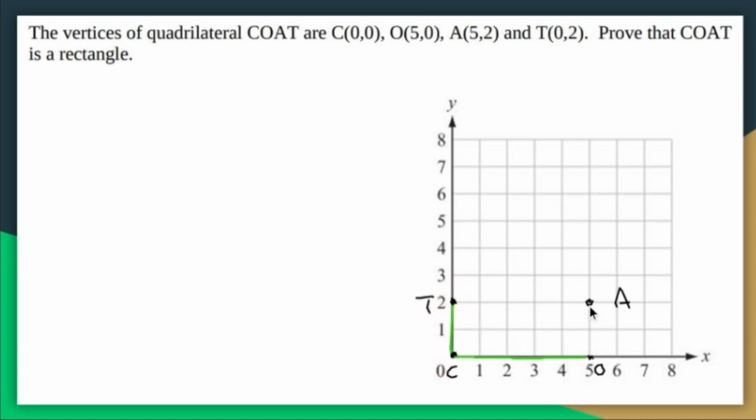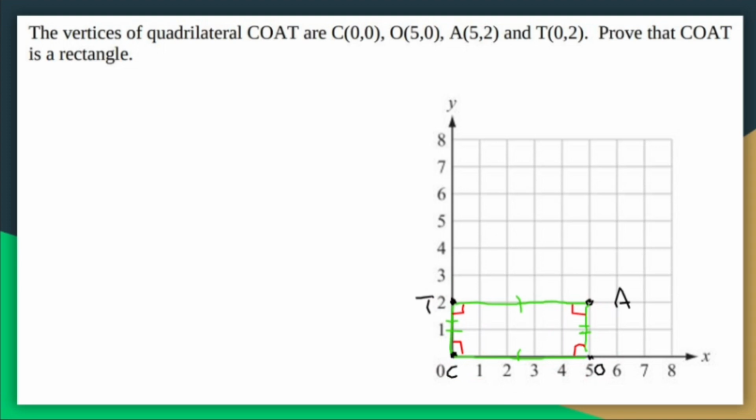all right, we need to show two main things. Thing number one, we need to show opposite sides are congruent. And thing number two, we need to show that all four angles are 90 degrees.